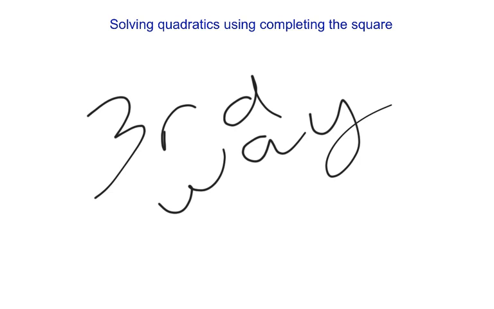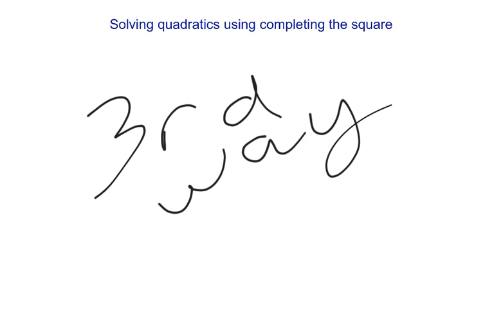Completing the square is a pretty nice way, and it scares a lot of kids. But if you actually get good at it, it's really easy. I had a student in college that would do this on every single quadratic, every single one, decimals, fractions, it didn't matter.